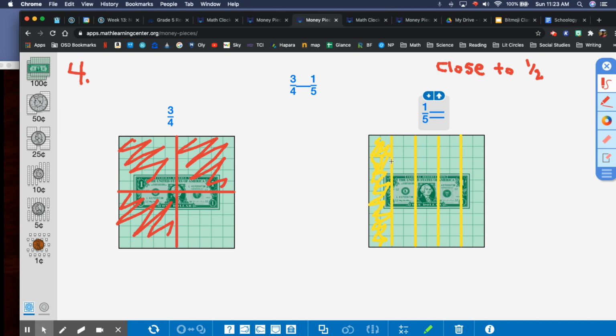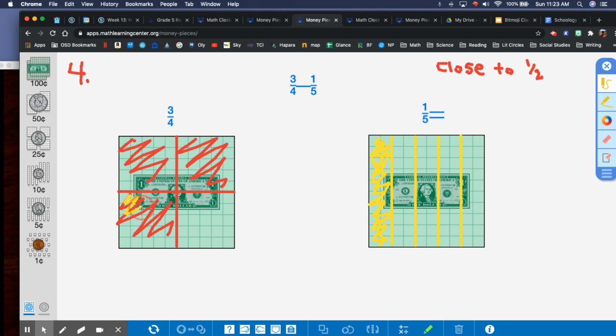But let's look here. So right now we're just taking away 3/4 minus 1/5. So if I take away 20, this is 25 over here, this section, this fourth here.